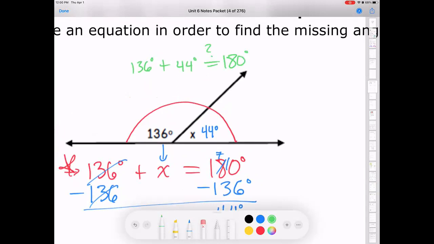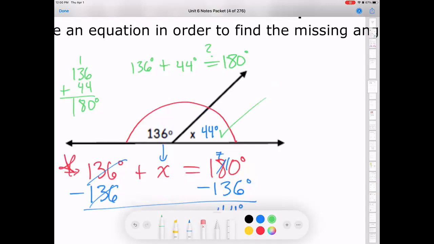So if I combine these two together, 136 plus 44, 0, carry the 1. 1 plus 3 plus 4, we get 8. And then 1. So yes, we do in fact get 180 there.